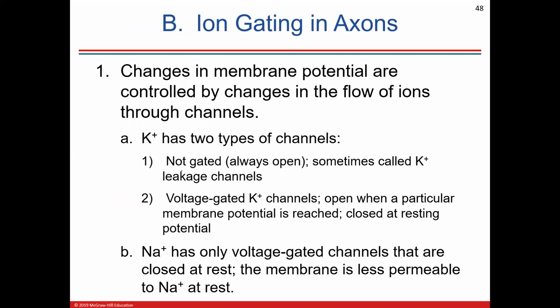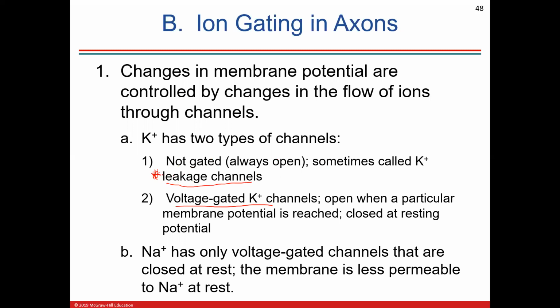So you have a couple of different types of channels. Voltage gated are, of course, what we talk about most, but you have leak channels or leakage channels. And sodium has these too. It's not just potassium, but it makes more sense to have more leakage channels for potassium. So where's potassium most of the time? It's inside the cell.